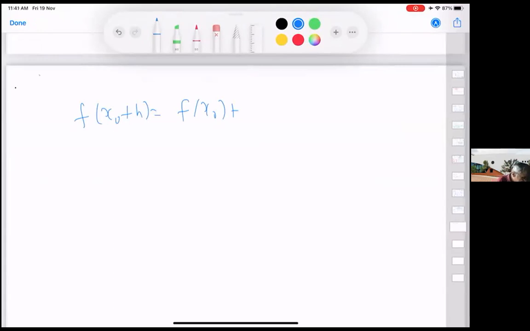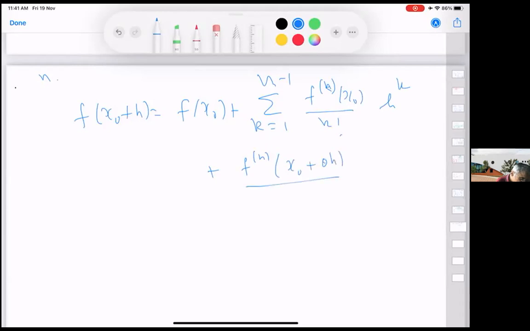So you have f differentiable n times, then f(x0 + h) is f(x0) plus the summation k equal to 1 to n minus 1 of f^(k)(x0) by k factorial h to the power k, plus f^(n) at x0 plus some theta h, for theta between 0 and 1.